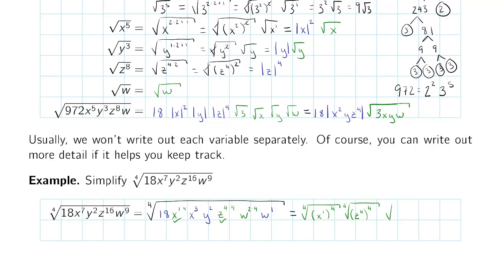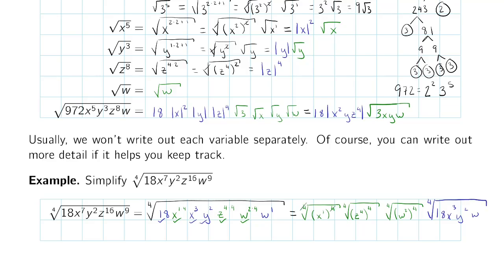The 4th root of w squared to the 4th. And then my remaining factors, I'm going to have a 4th root of 18 x to the third, y squared, w.